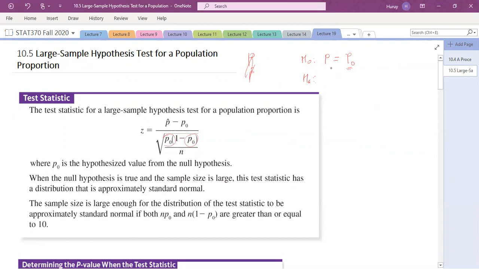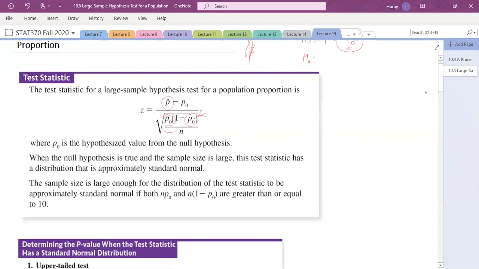So this p naught that we are using in this formula is this one, and the p hat is the one that we get from the sample. Everything else is the same. The denominator is the standard deviation of p hat, and the numerator is p hat minus p sub naught. So this is the test statistic. And when the null hypothesis is true and the sample size is large, this test statistic has a distribution that is approximately standard normal.